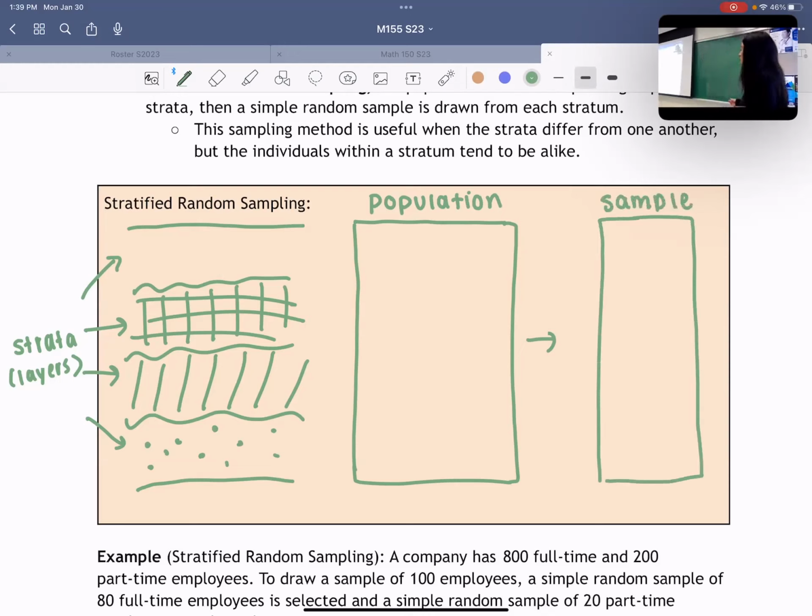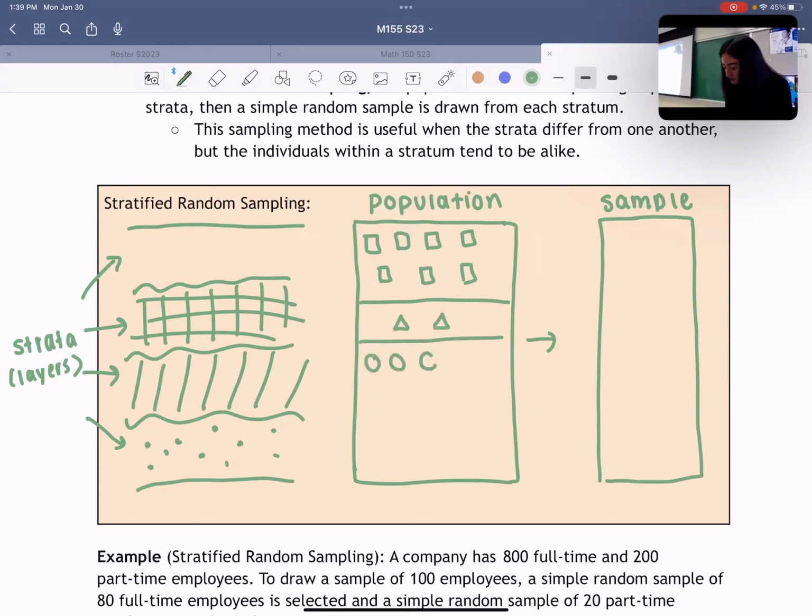Now let's just say in my population, I have strata. So I have groups of things that share a certain quality. So instead of rocks, maybe I have a bunch of squares. So a bunch of squares in my population. Okay, so that's one group. Maybe I have 2 triangles. Maybe I have a bunch of circles, like 10 circles. Maybe 11. Okay, and then maybe I have, I don't know, 3 stars.